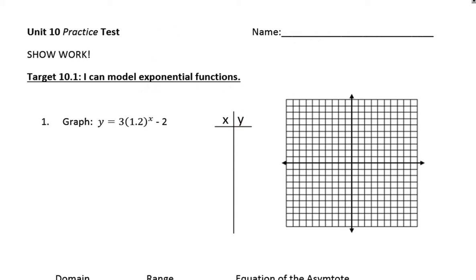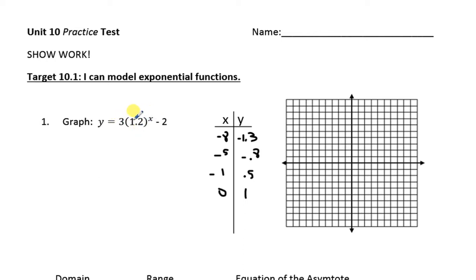Here's some values for the function. At negative 8, we are at negative 1.3. At negative 5, we're at negative 0.8. At negative 1, we're at positive 0.5. At 0, we're at 1, because 1.2 to the 0 is 1.